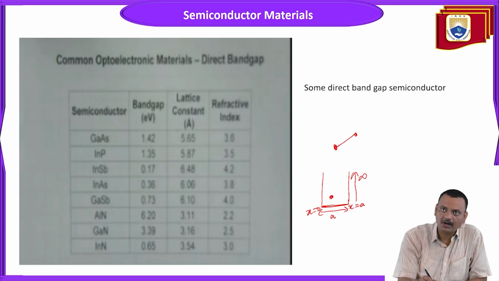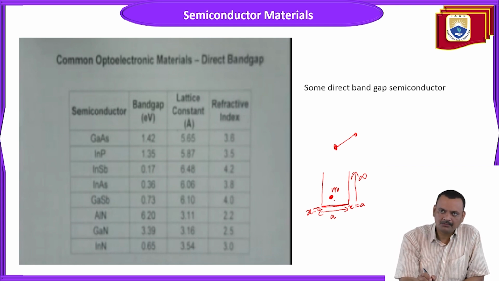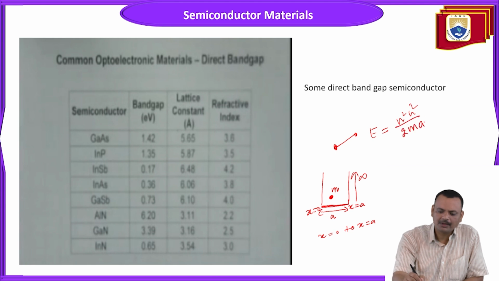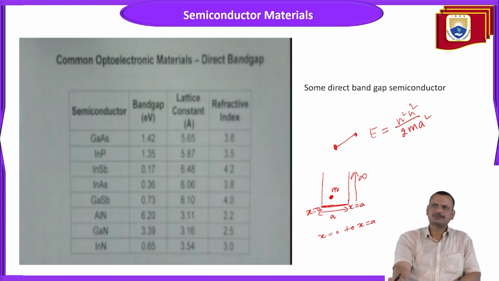Let the quantum mechanical particle have mass m, with its motion restricted to the region x equal to 0 to x equal to A. Its energy E is n square h square upon 8 m A square. You can derive this formula.